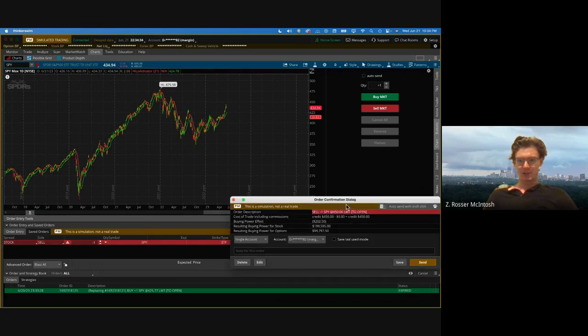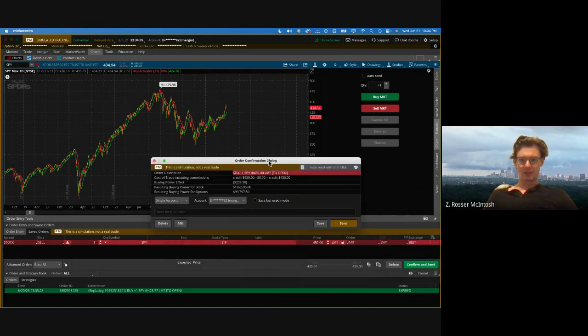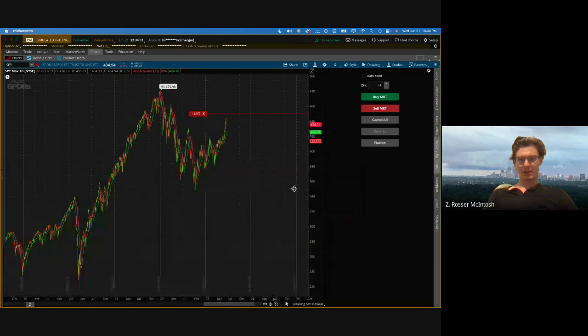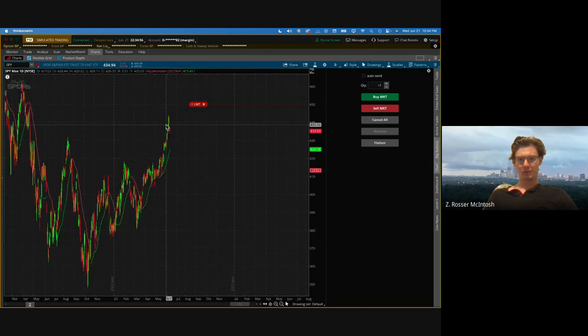It'll give us another message saying, okay, you're going to send a short position, a sell limit order, selling at 450. That's going to cost you this amount because this is hypothetically a margin account, which has 2-to-1 leverage. We send that, and then we'll see here at exactly 450, we now have our limit order placed.